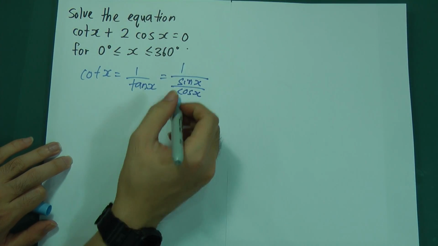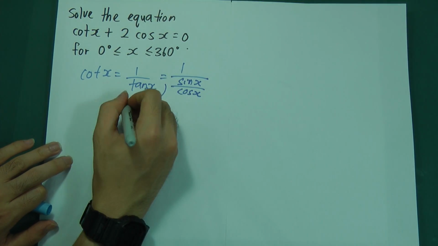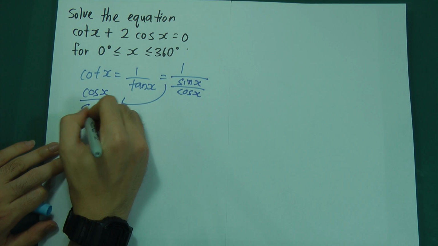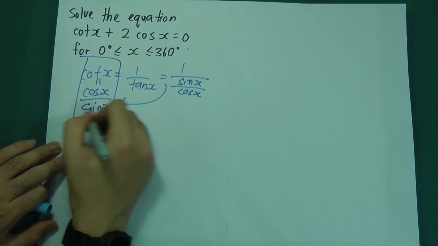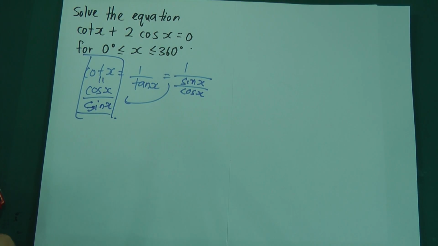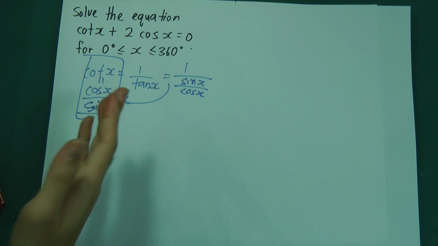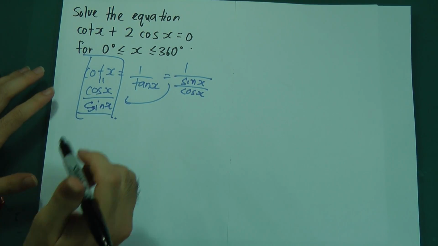So 1 over sine x over cos x gives us cotangent x equals cos x over sine x. Memorize this, it is one of the very important things in trigonometry: cotangent x equals cos x over sine x, and tangent x equals sine x over cos x. If you can memorize this, then you just put it in.